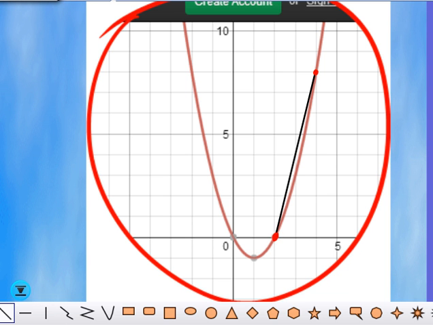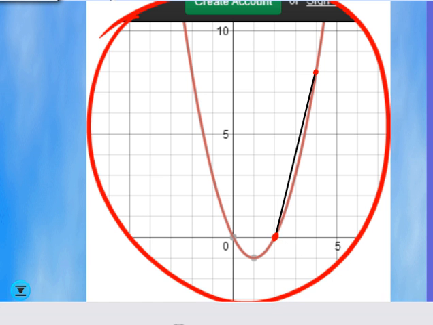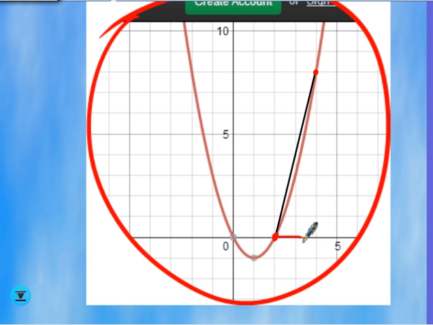See if you can picture this. I told you that h was the distance from one x to the next x. And so in this case, between these two, your h value will be 2. Picture your h value getting smaller and smaller and smaller. This point getting a little bit closer. You got a secant line there, getting a little bit closer again, and a little bit closer.